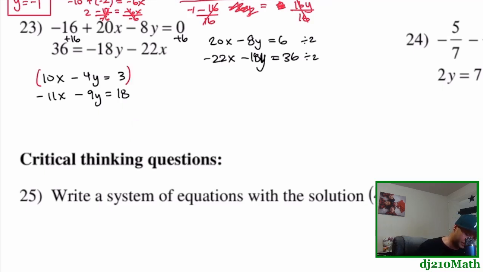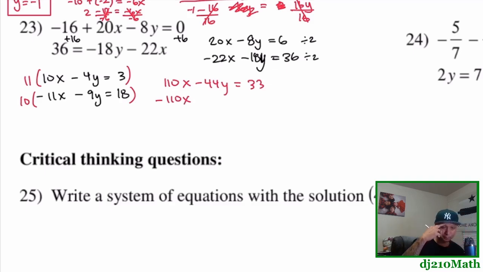So my train of thought is that the x's have opposite signs. So I'm going to hit the top by 11, multiply the bottom by 10. So 11 times 10 is 110x. 11 times 4 is negative 44y. 11 times 3 is 33. At the bottom, negative 110x.